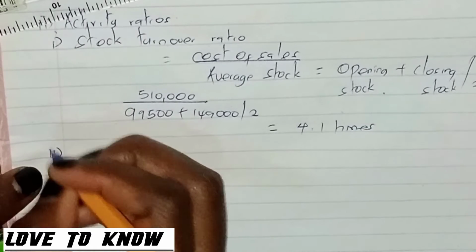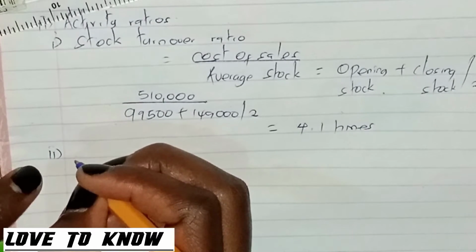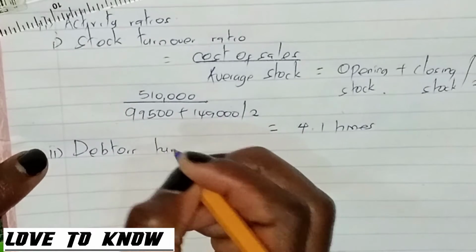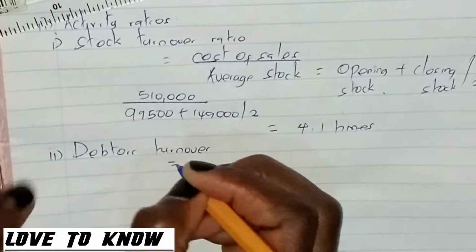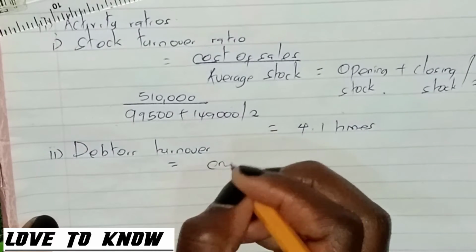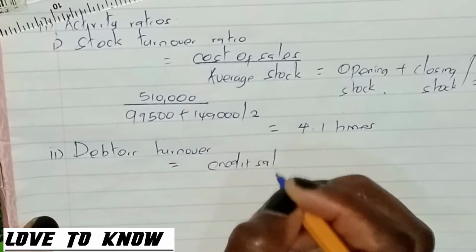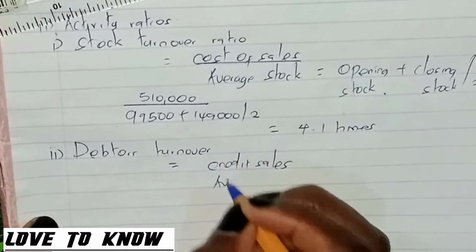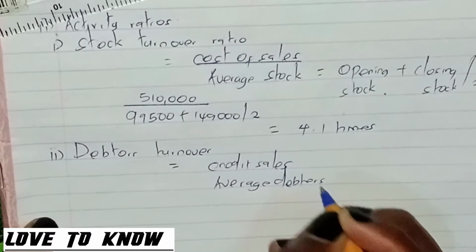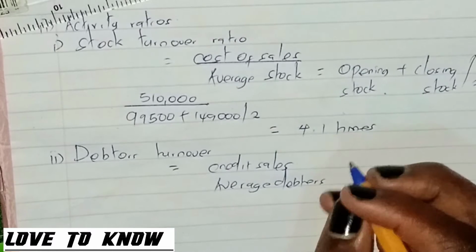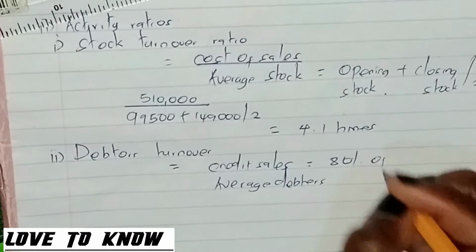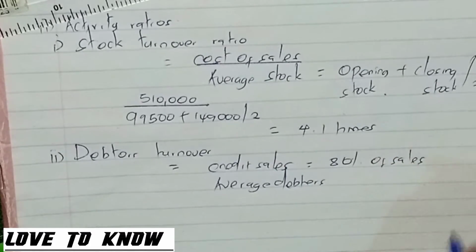The other type of activity ratio is the debtors turnover. This is calculated by dividing credit sales with the average debtors. From the question, the credit sales was 80% of sales.